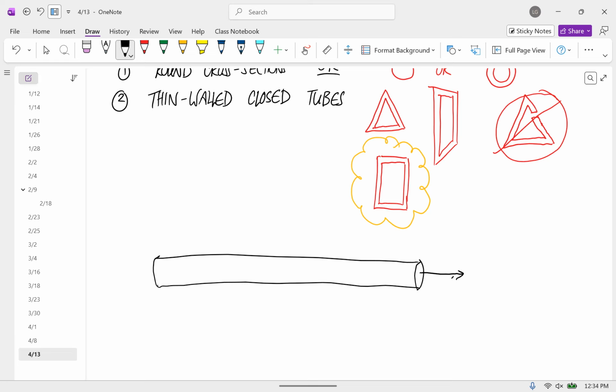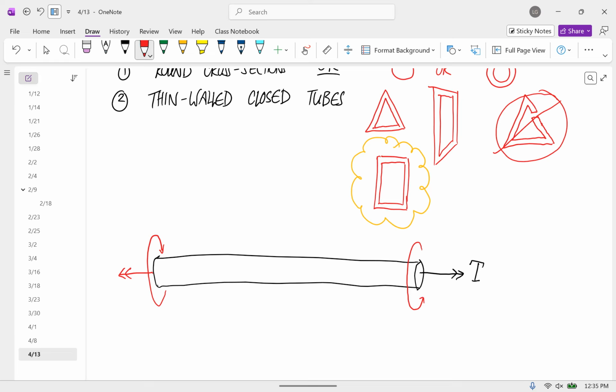So our fancy T is this way. And if you use the right-hand rule to think about the direction of that moment, it means that we have a couple this way, and to stay in static equilibrium, we have to have an equal and opposite couple that way.